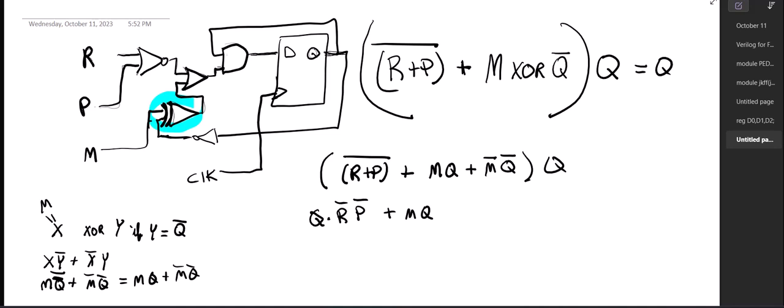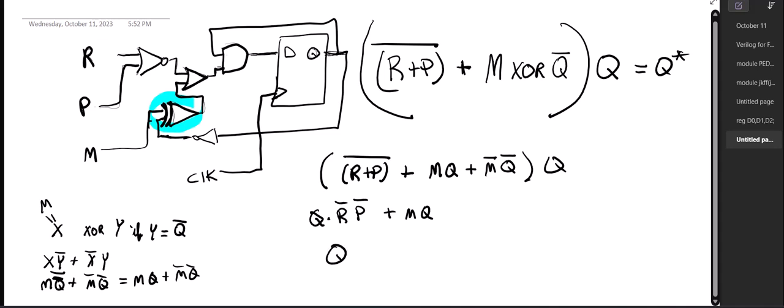M Q and Q is just M Q, and then M bar Q bar and Q is just 0, because if I had a not Q and Q, that's 0. And this gets me Q. Well, I should have written up here where I have Q equals, this is really Q star right there.